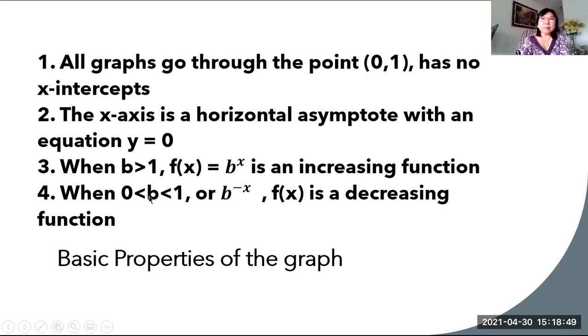If the base is a fraction less than 1, we can represent it as a base b with a minus power on top. Remember when we learned about the properties of exponents, in this case we have a negative power and we can bring it down.